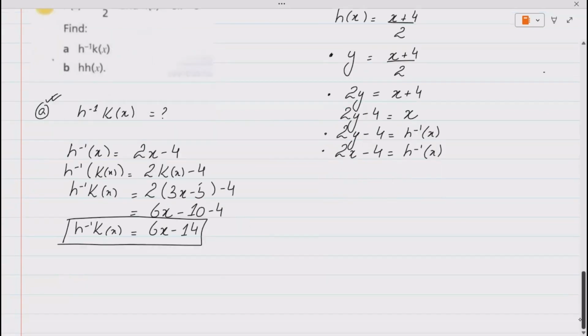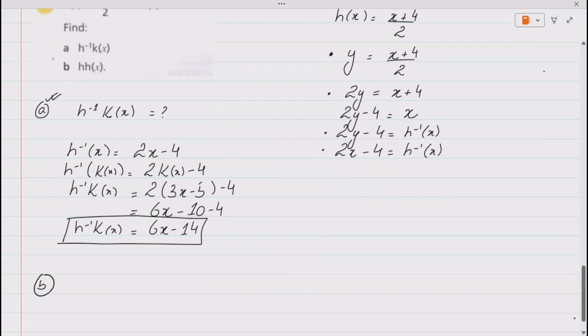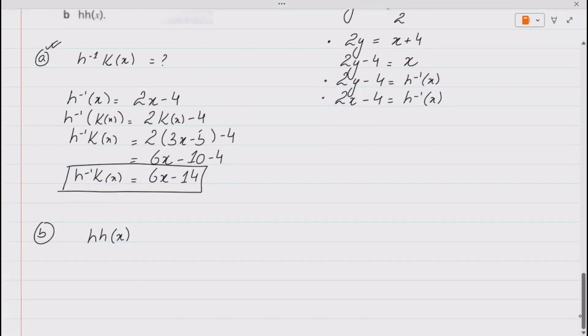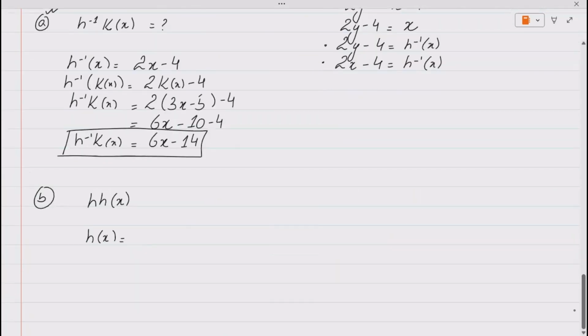In part B, we have to find h of h of x, so actually apply h of x 2 times. So h of x is what we are given, x plus 4 upon 2. Now we have to find h of h of x. So here in place of x, we have to put h of x.